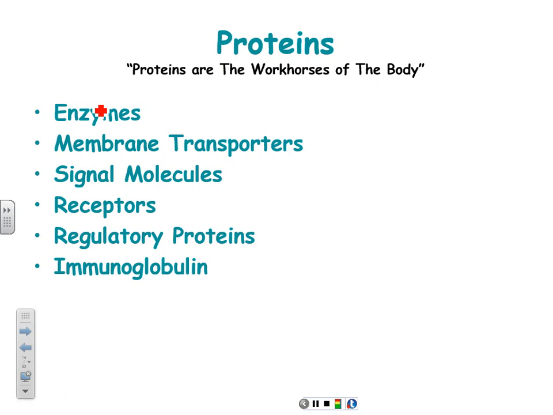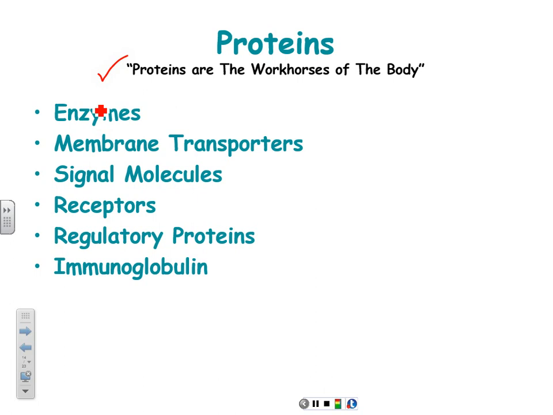Some of the things that proteins do in the body. For those of you that make index cards, that's a good one to put up there. Proteins are the workhorses of the body, meaning that they get most of the housekeeping chores done that a cell requires, right? Proteins may work as, we're going to go through each of these as we go through this semester, right? I'll go through some in this unit, and then some of them I will not.